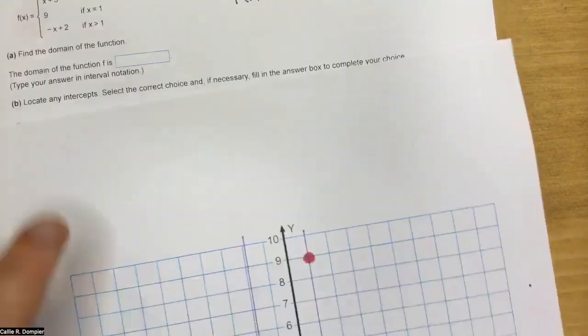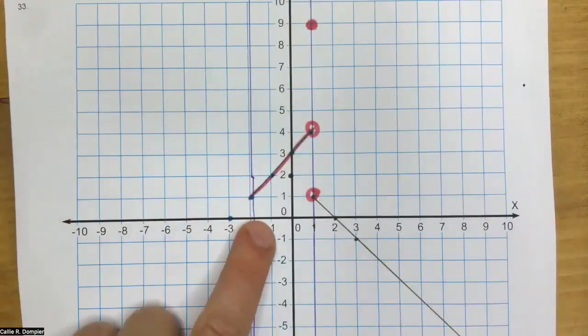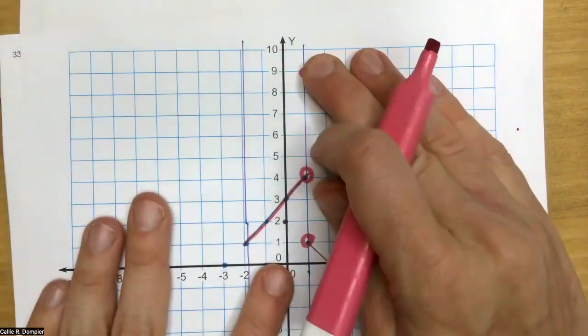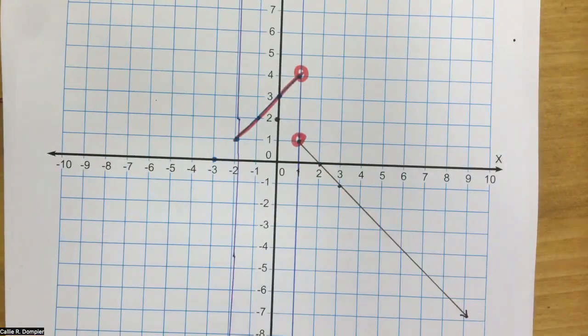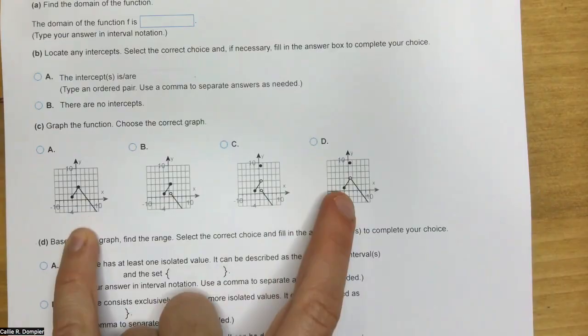This does not say forever. It says between -2 and 1. So this one does end. This side ends, this side does not end. We jump up to 9 at one point, okay? So we've graphed that. Let's jump down to C and decide which one this is.